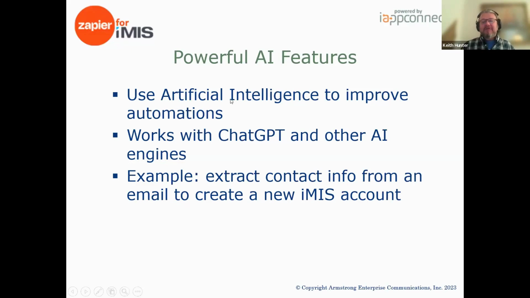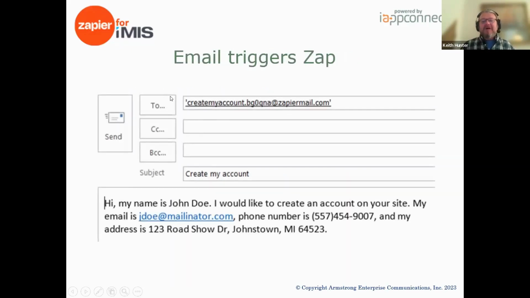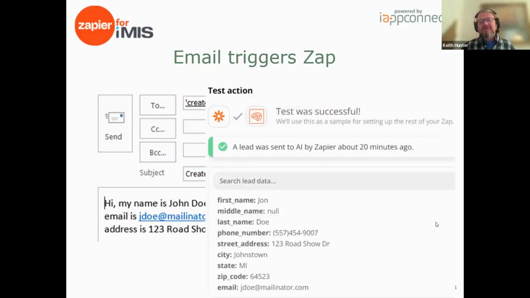So here's how easy that works. An email comes in. Here somebody says, hey, I'm giving you my information. I have this issue. Please give me a call. Right? And AI is going to look at this and pull all their address information out, all their contact information. If they have an email signature on there with an address and the company name and all of that, it'll read through that, make sense of it, and convert that into fields, which can then just be dropped right into iMIS.